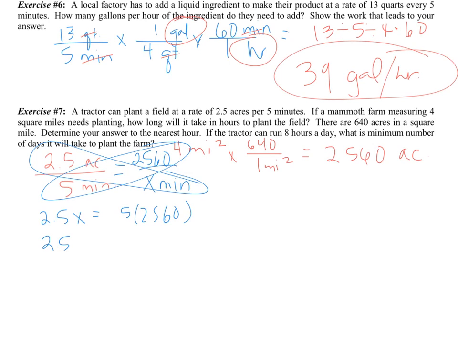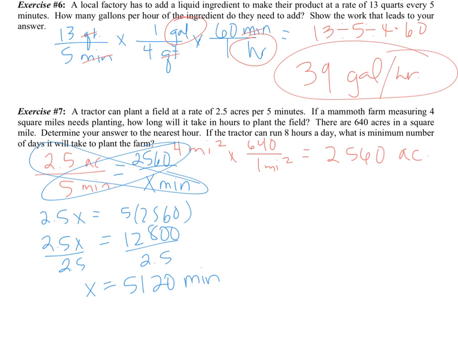So 2.5 times x is 12,800 divided by 2.5, and it's going to take 5,120 minutes to do 2,560 acres.